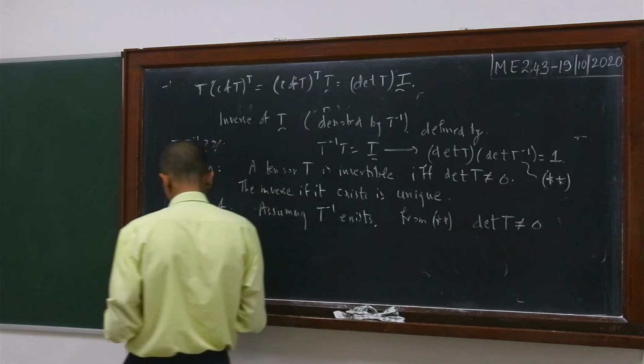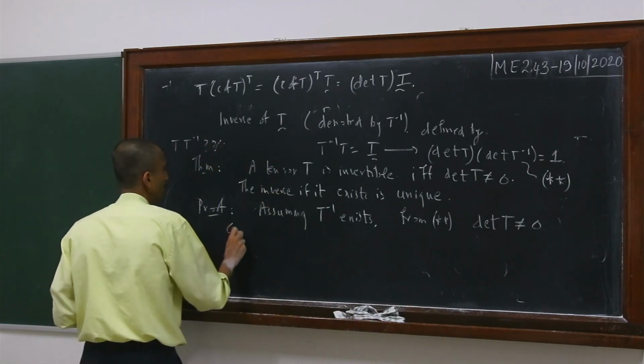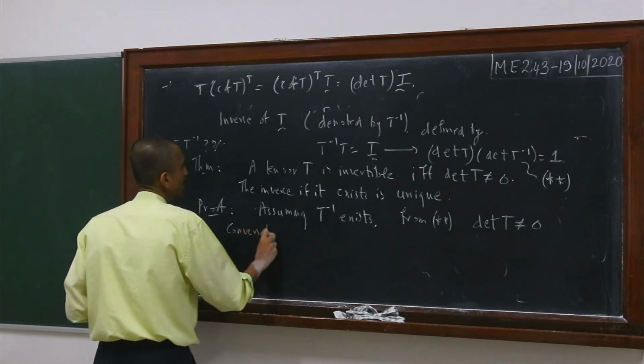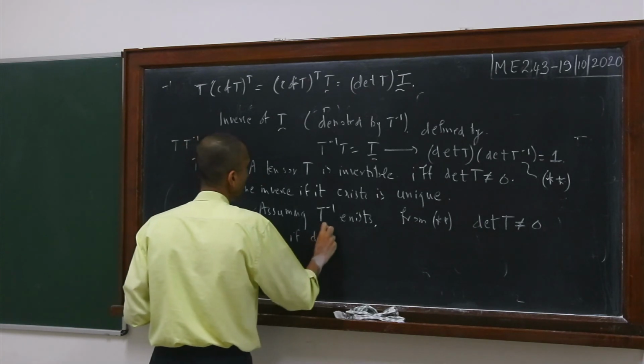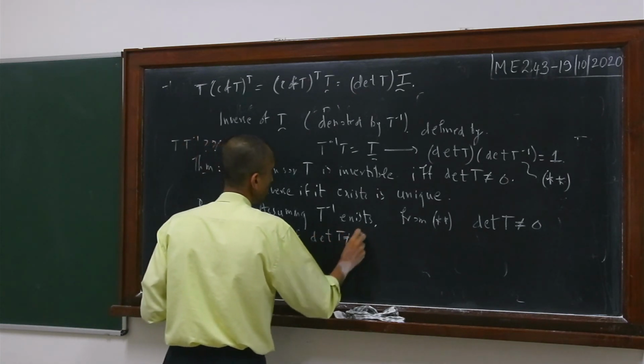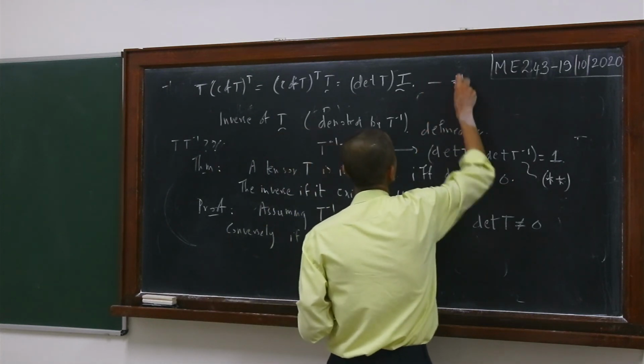Then conversely, if now the determinant of T is not equal to 0, go back to this particular relation. Let me call this star.